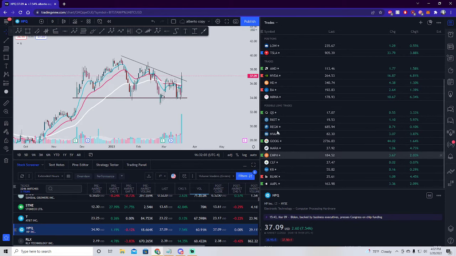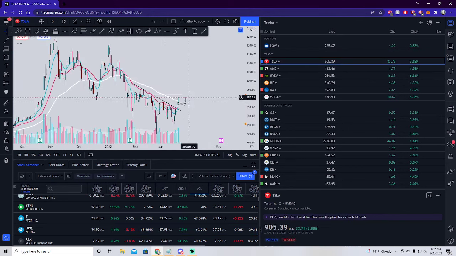Again, I'm not going to add every single one of them. I'm going to add only a couple, so I'm going to focus on, most of the time, 5 to 8 stocks. So here on Friday, I had 5 stocks that I was focusing on, along with Tesla, so 6. I added this to my positions tab, and I only ended up trading Tesla because it looked the best to me and it made the best move, and it gave us a very nice return, right?